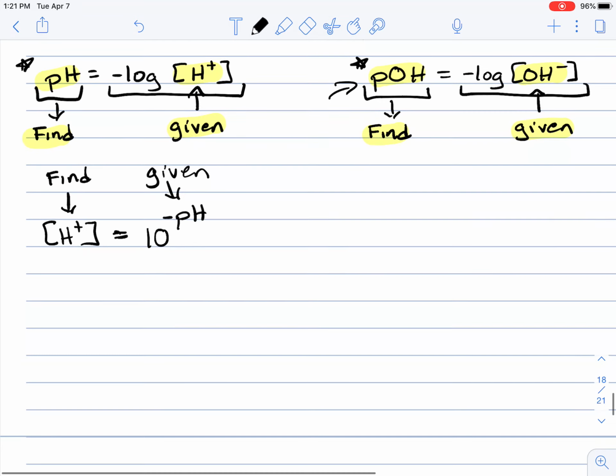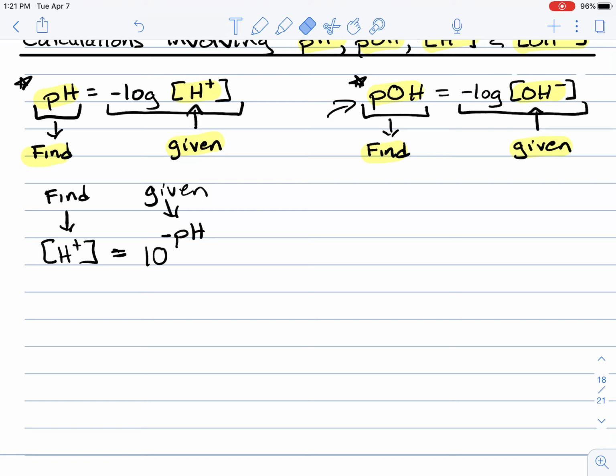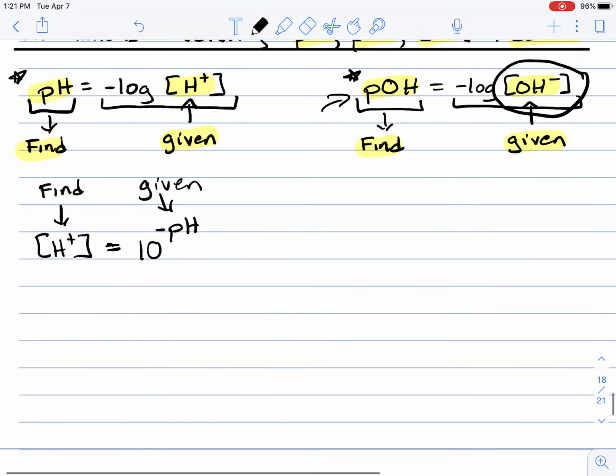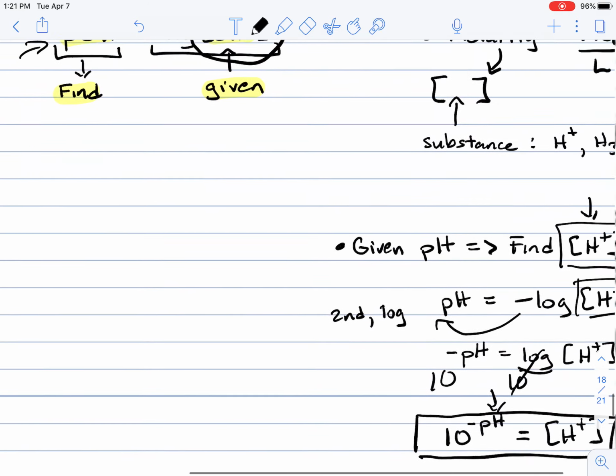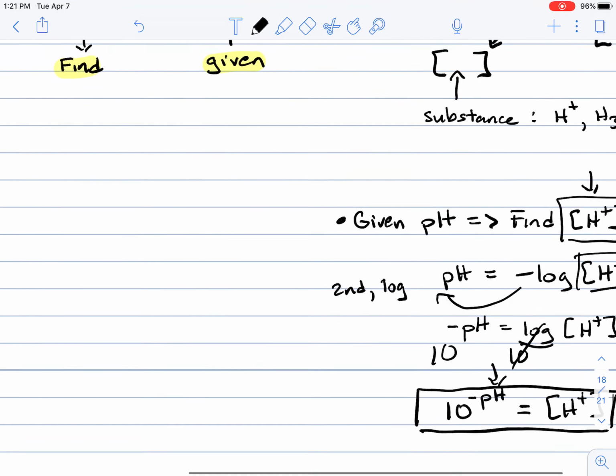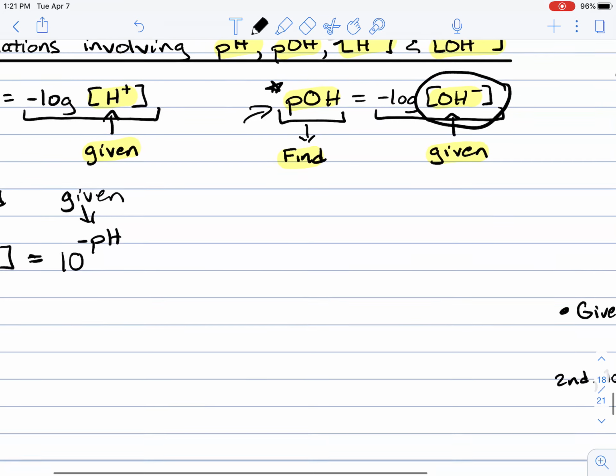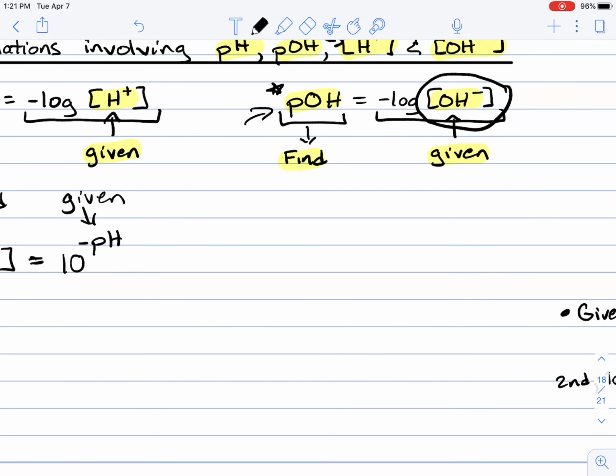I'm going to mimic this same formula for pOH. The derivation is going to be the same, and you can do it on your own. The derivation for solving for the concentration of hydroxide is very similar to what I just did here. The only thing that's different is we're changing the substance from hydrogen ion to hydroxide ion.